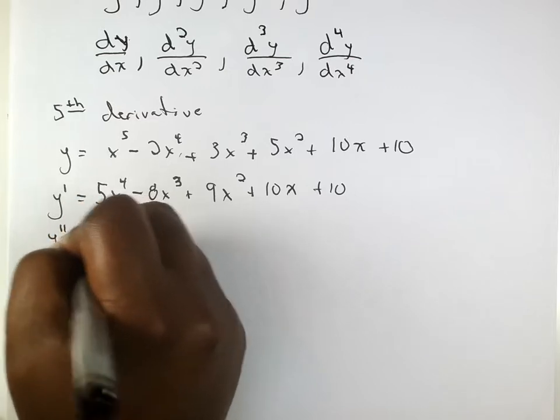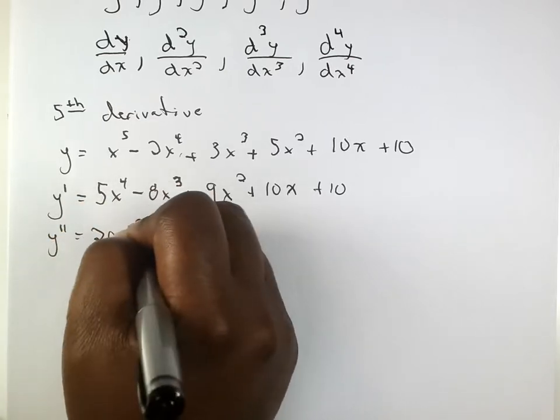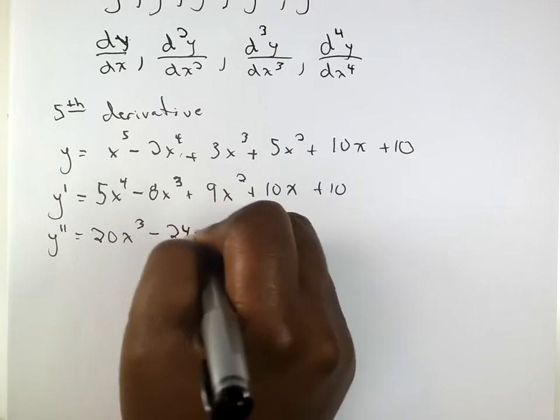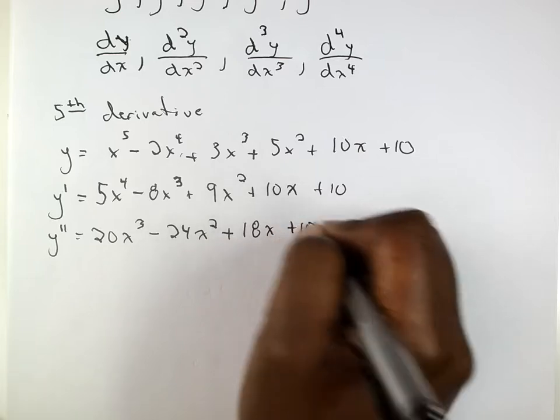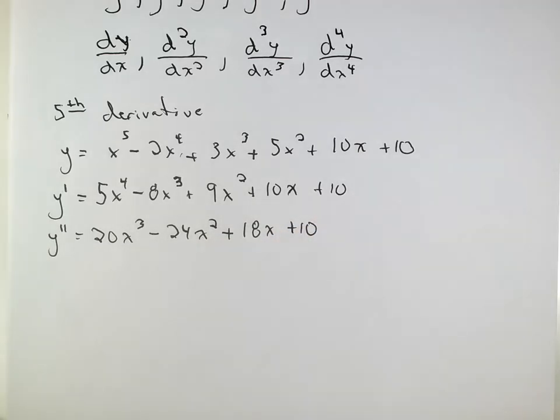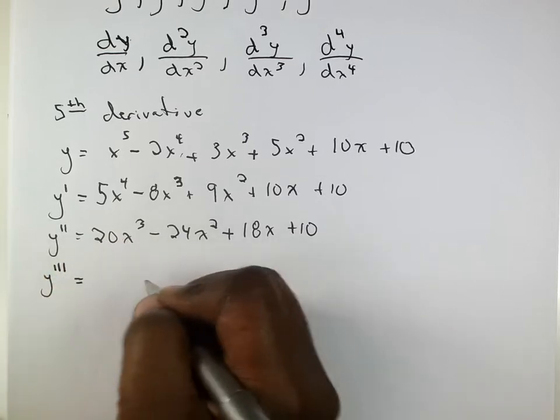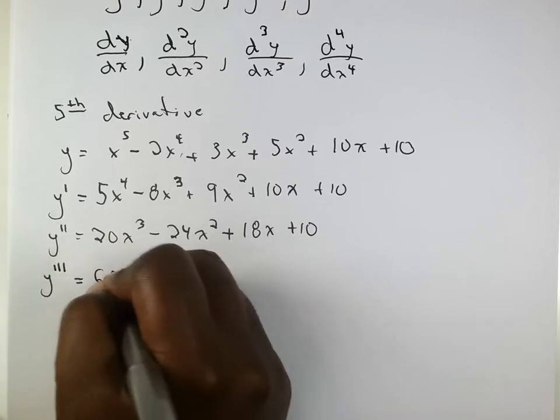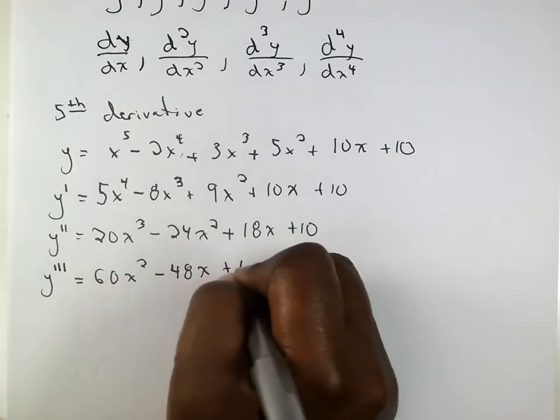My second derivative, multiply the 4 out with the 5, we get 20x cubed minus 24x squared plus 18x plus 10, and again the derivative of that last 10, a constant, is 0. The third derivative, I get 60x squared minus 48x plus 18.